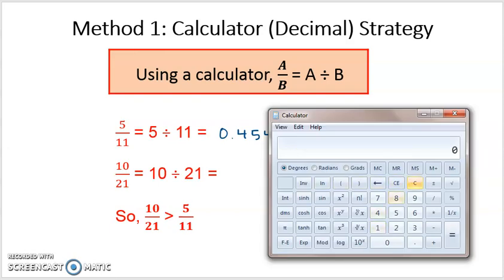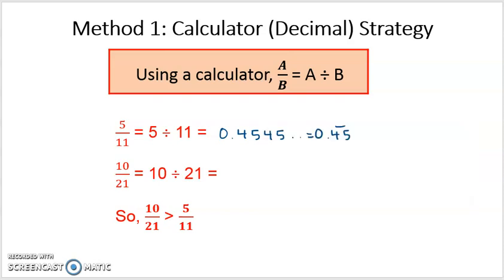Okay, so how about 10/21? I've got 10 divided by 21, and that equals 0.47619 and lots of other digits. So 0.47619, we'll go with that for now, plus a little bit more.